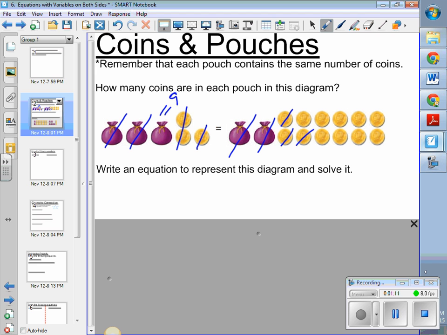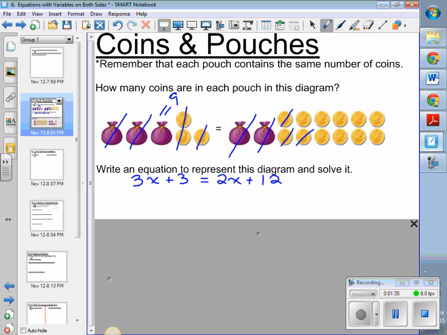So our equation then would be 3x plus 3 equals 2x plus 12. Okay?